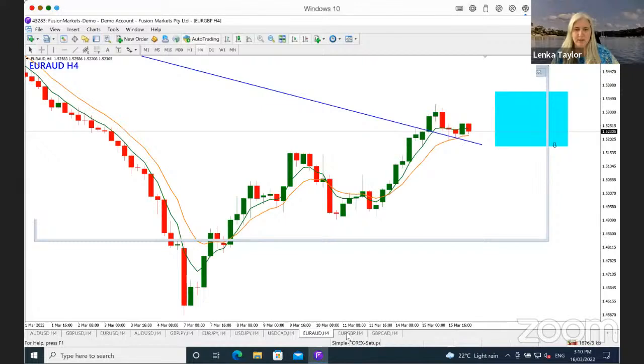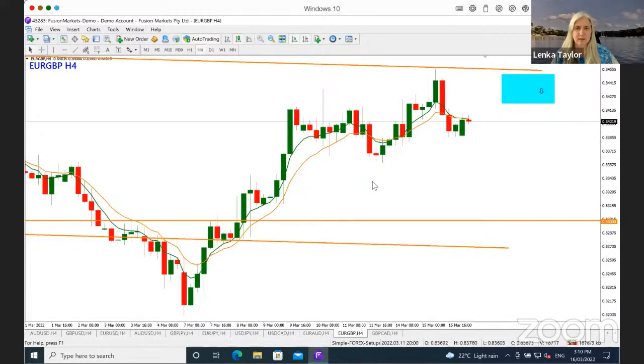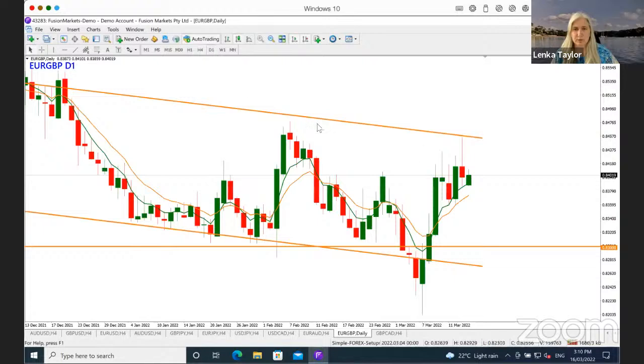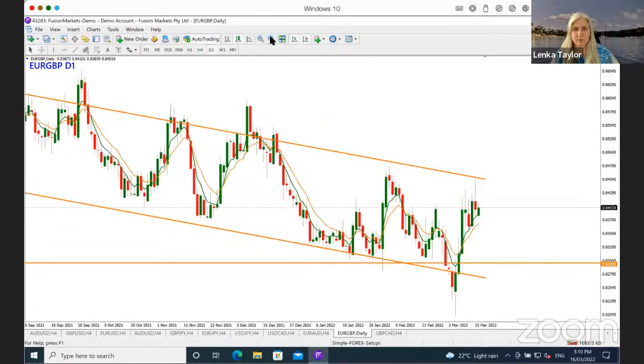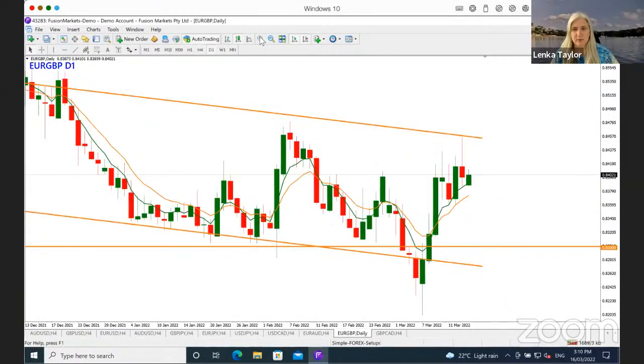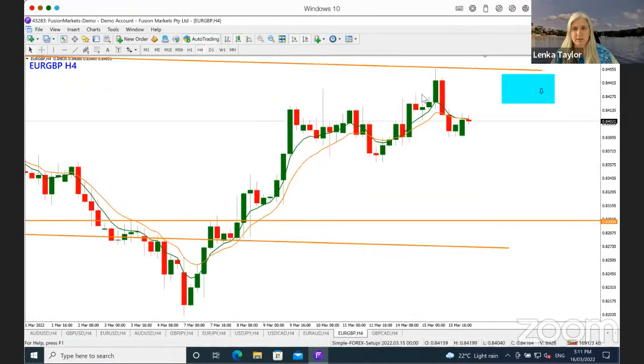Next currency pair is Euro GBP, and Euro GBP I'm looking for a short. So we're currently in this channel, all moving downwards. We're at the top of the channel, so I'm looking for short opportunities. I would like to see price action a little bit towards this area near the top of the channel, and then looking for short there.